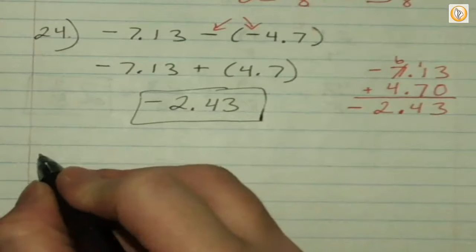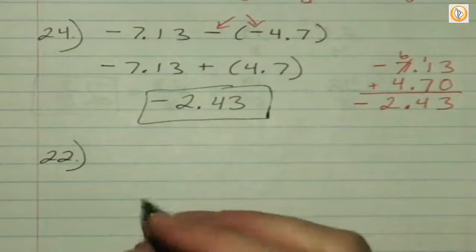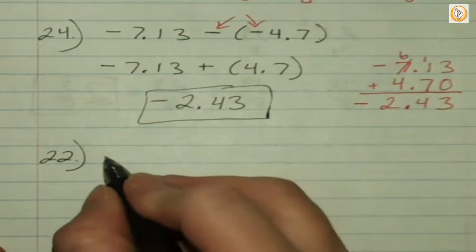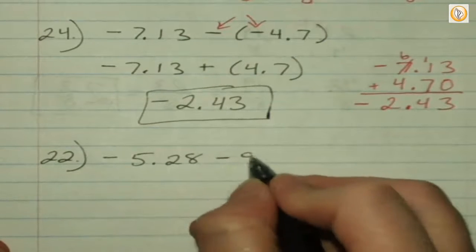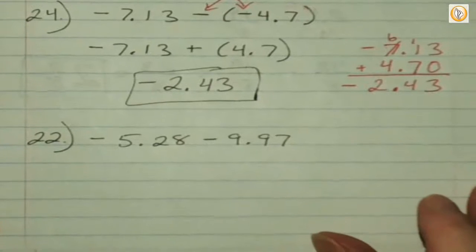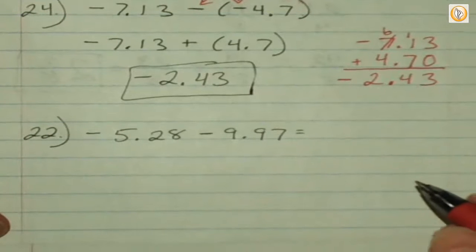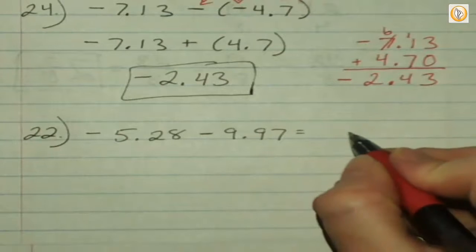All right, let's look at 22. Okay, Kelly or Joseph, who wants to do this one? Kelly, all right. Okay, my suggestion, always put what number on top, Kelly? The higher one. Okay, so then what's going on top?